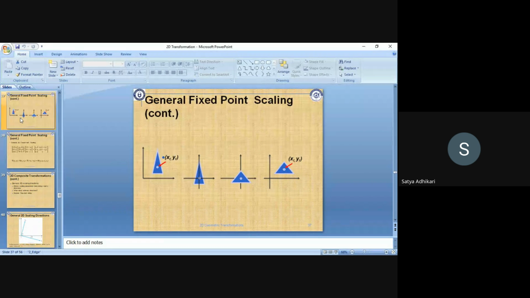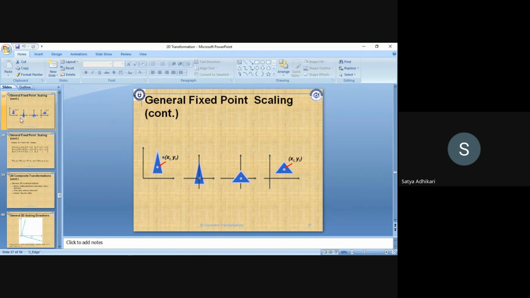Why is it called fixed point scaling or pivot point scaling? Because the point which is taken as the fixed point or pivot point remains in the same position as its original position. The other points of that image may change, but that point remains fixed. That is why it is called fixed point scaling. Again, we see the pivot point xr, yr in the first original position and in the last, the resultant, remains exactly the same.